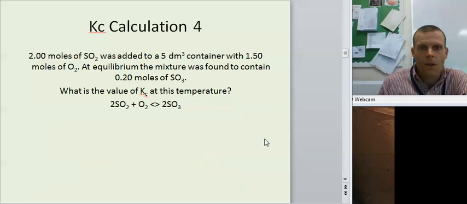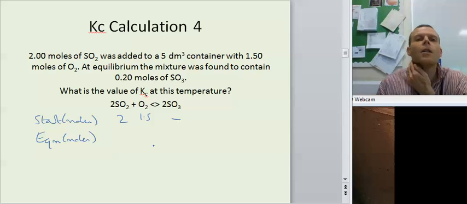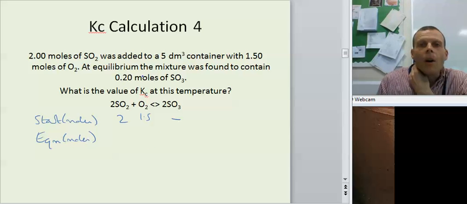Okay, one more example, and we'll use the same kind of table construct to work out the missing bits. So we'll start off with what's at the start in terms of moles. At the start I've got 2 of that, I've got 1.5 of that, and I've got none of that. What have we got at equilibrium in terms of moles? Well, I'm told it's got 0.2 of that.